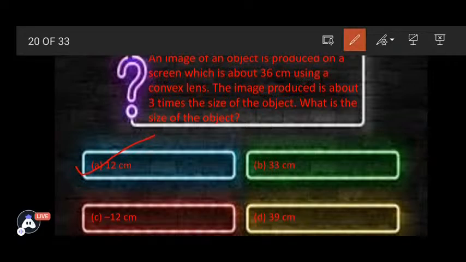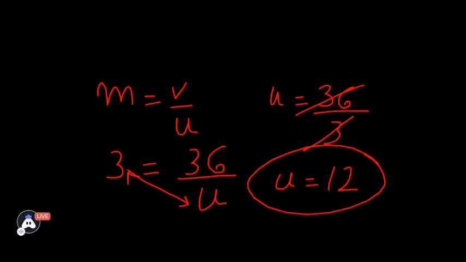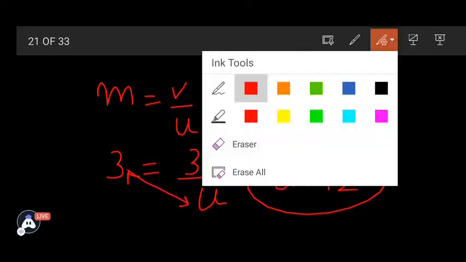What is this? If I'm talking about the size of the object. So the size of the image is given. Okay, I took it as the distance. Size of the image was given. So if we do it with the formula, just a second. Magnification is equal to height of image upon height of object.